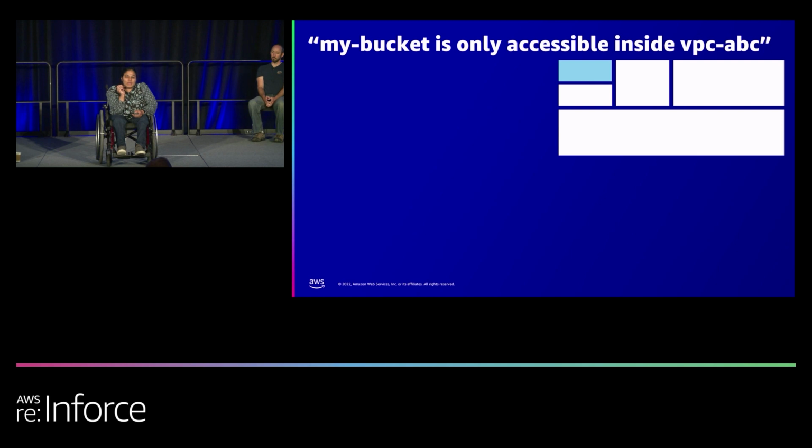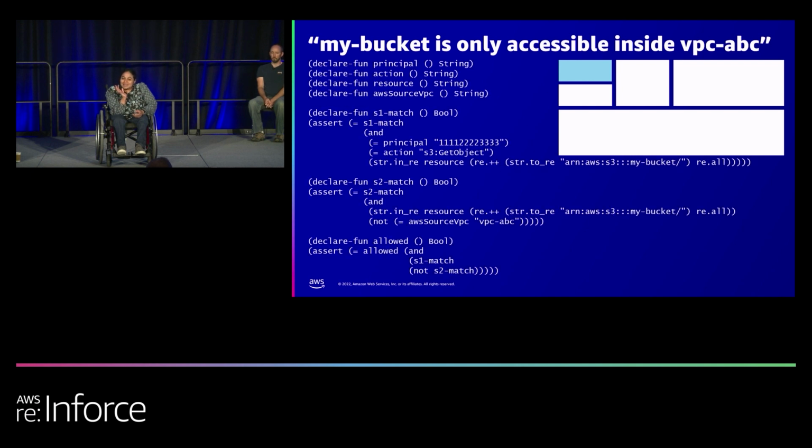Now, just to go an inch deeper, I'll show you the mathematical encoding of the policy that we use. If you squint a little, you'll see how this actually represents the original policy. Just have to squint a little bit more. But there's no more rules about allow and deny overlap.